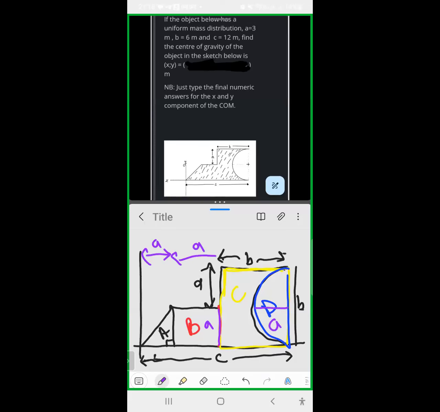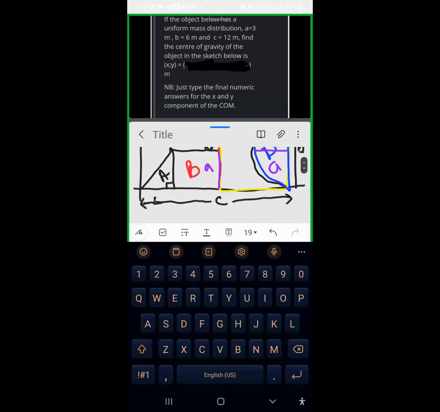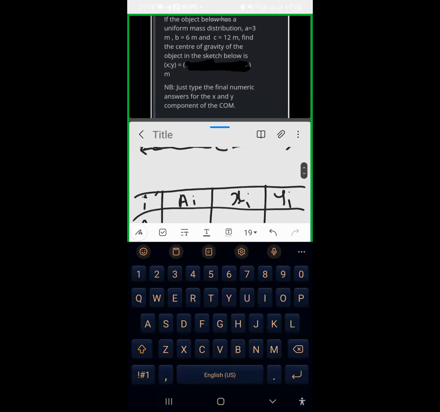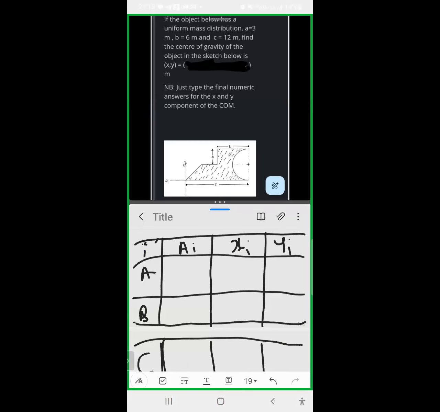Therefore, now we can go ahead and fill in our table, as we have all the required information on our sketch. Let's fill in all the unknowns that we need in order to find the center of mass. So we have objects A, B, and C. For each, we need to find their areas.